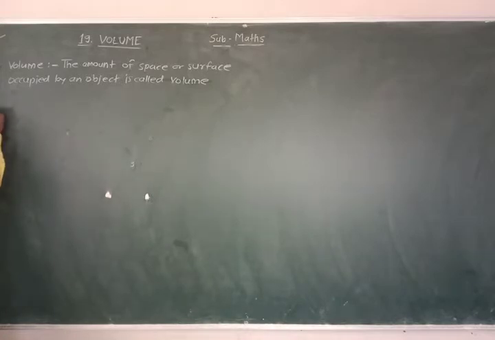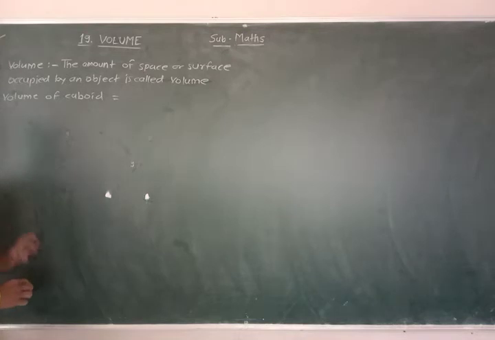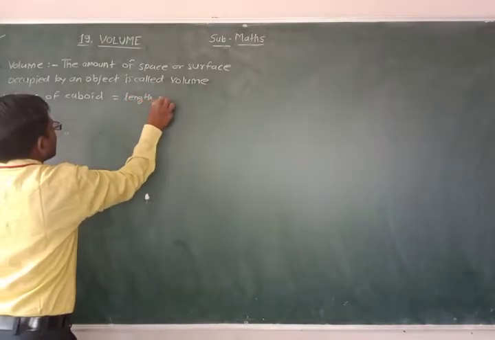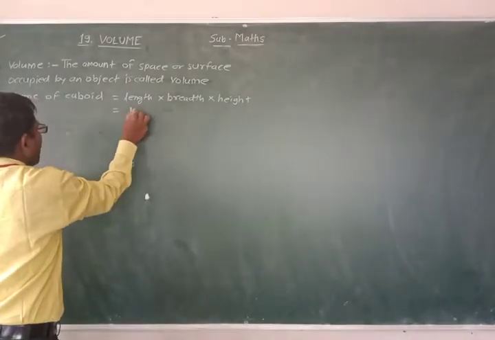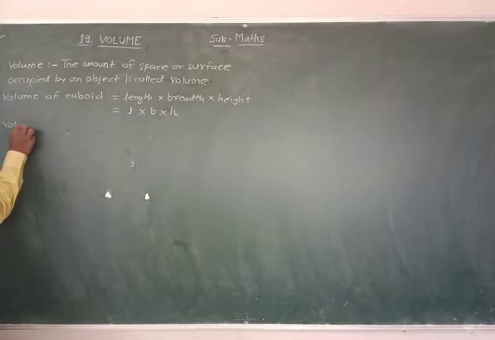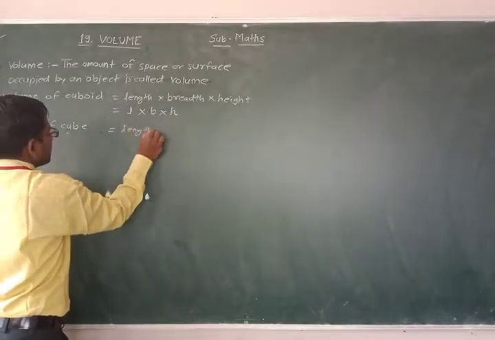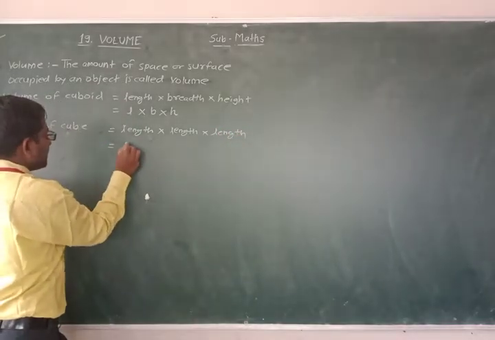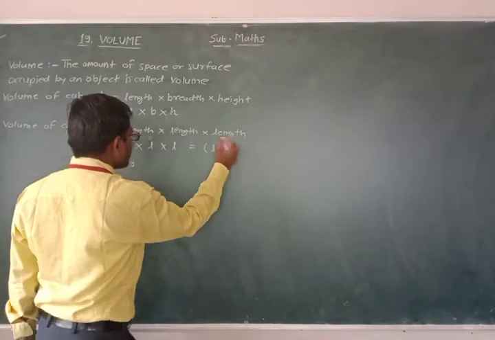Then you write the formulas. Two formulas you remember: the volume of a cuboid is equal to length multiplied by breadth multiplied by height, in short L multiplied by B multiplied by H. Then the volume of a cube is equal to length multiplied by length multiplied by length, or you simply write L cube.